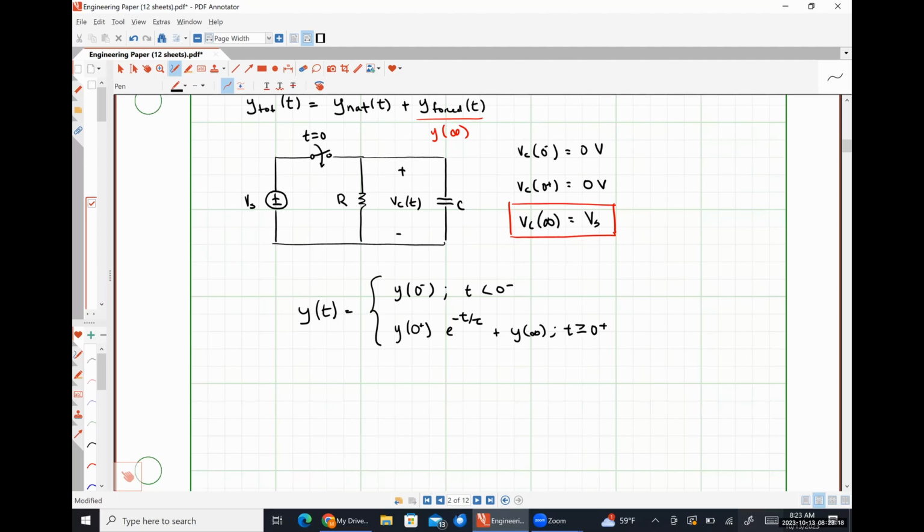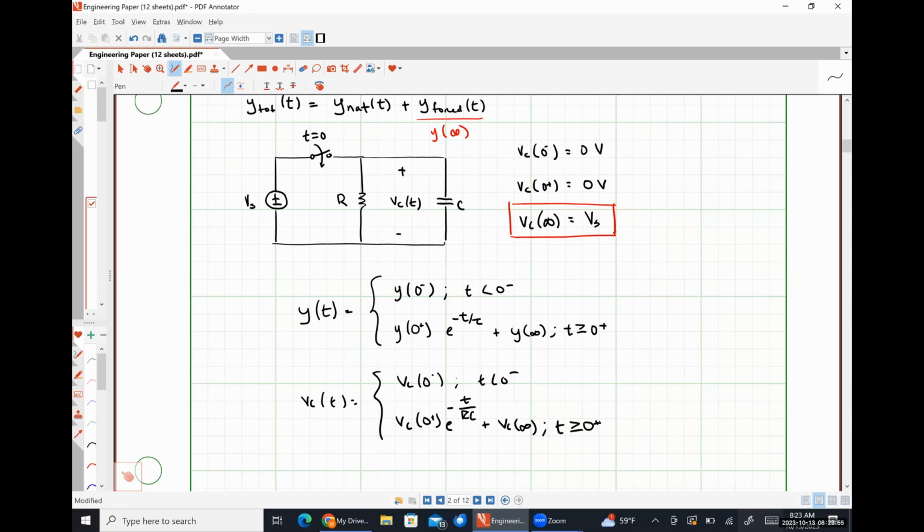Now, there's an error here, okay? So if this were a capacitor voltage, this would look like Vc of t is Vc at 0 minus for t less than 0 minus, and Vc at 0 plus e to the negative t divided by RC plus Vc at infinity for t greater than or equal to 0 plus.